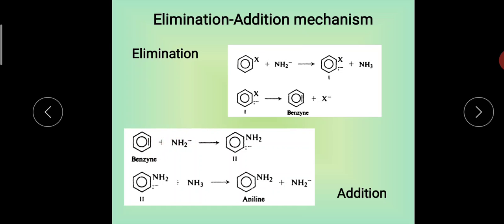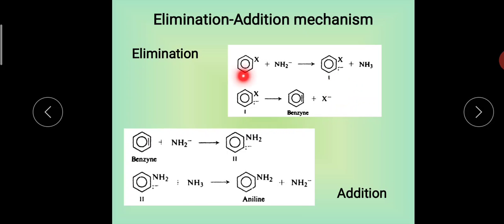Okay, so as I told you, the bimolecular displacement mechanism is different and the elimination addition mechanism is different. So why does it have to be different? And what kind of aryl halide actually gives this kind of mechanism for nucleophilic substitution?